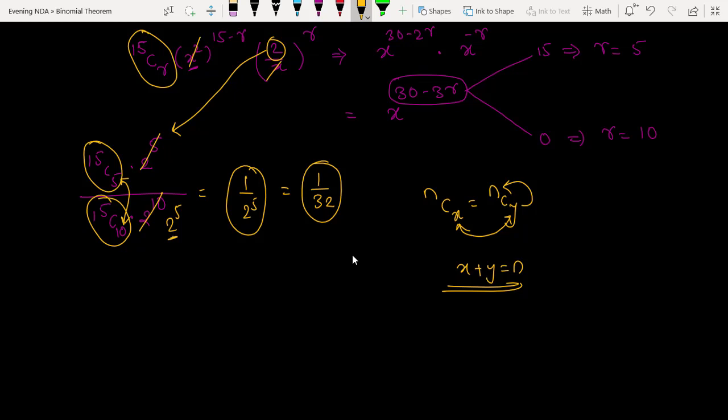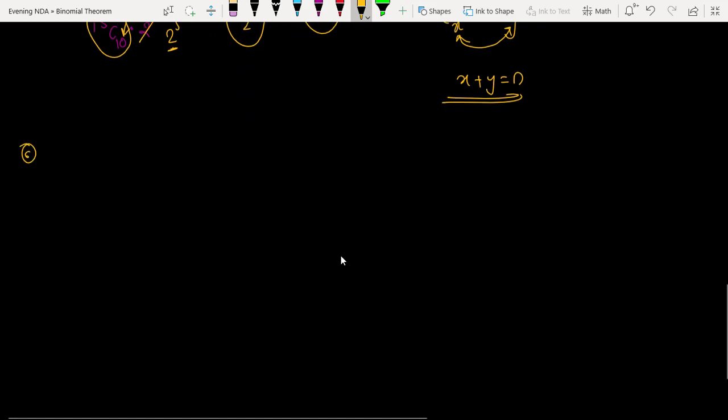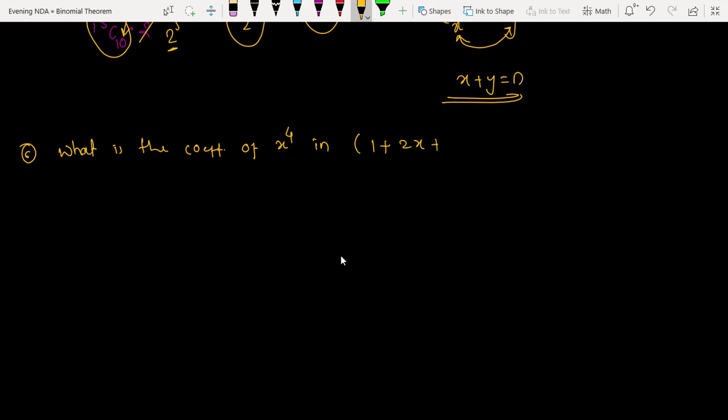Okay sir. There is one more question. Okay, I can take that question here right now. Question number 6. What is the coefficient of x to the power 4 in the expansion of 1 plus 2x plus 3x square plus 4x cube plus dot dot dot, to the power 1 by 2?